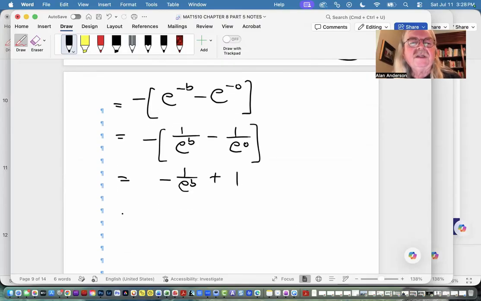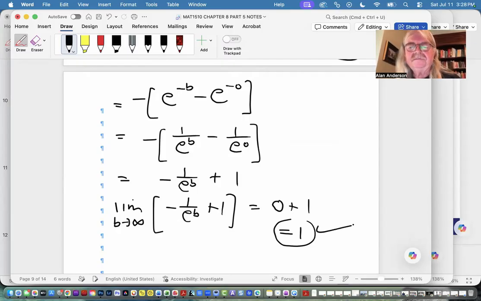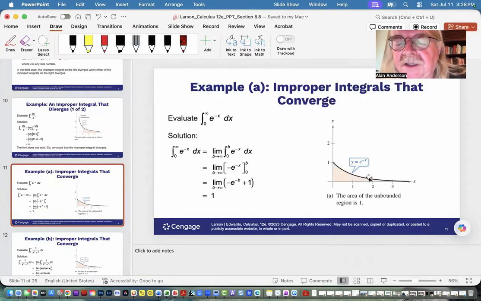And then, now, of course, we need to take the limit of this to get our answer. Now, of course, the b is in the denominator. You can see that's the exponent, so we're going to wind up with 0 plus 1, which is just 1. Okay, great. And of course, yes, you can see the graph right here. This time, the area is equal to 1 as we go from 0 to infinity under this curve.